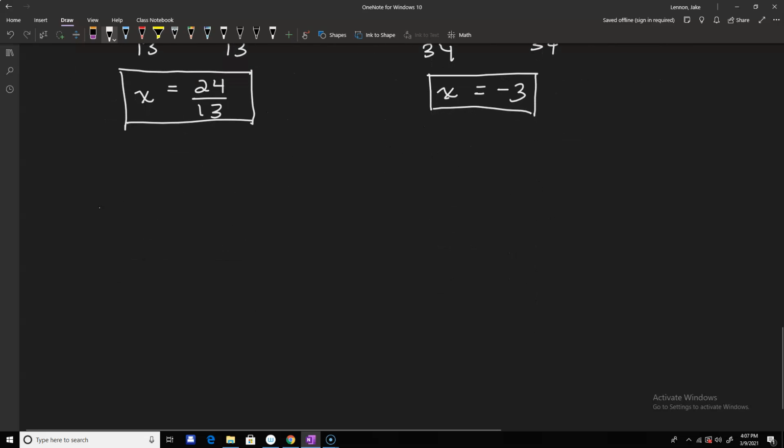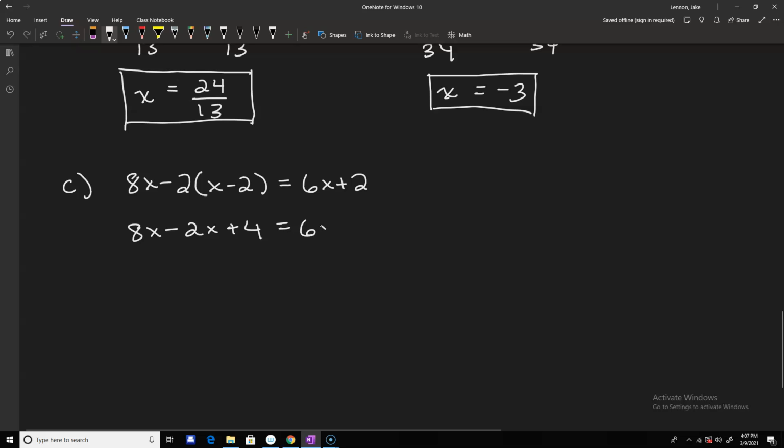So let's say we have 8x minus 2 times the quantity (x minus 2), and that equals 6x plus 2. So the first thing we want to do is distribute the minus 2 to get rid of those parentheses. So we have 8x minus 2x. Minus 2 times minus 2 now makes plus 4, and this is still equal to 6x plus 2.